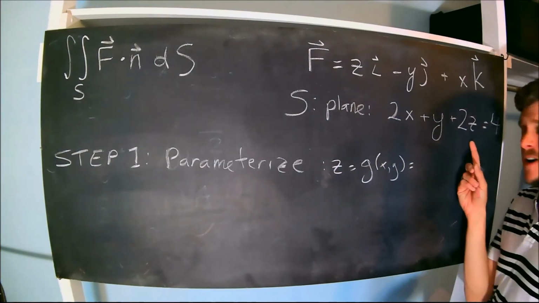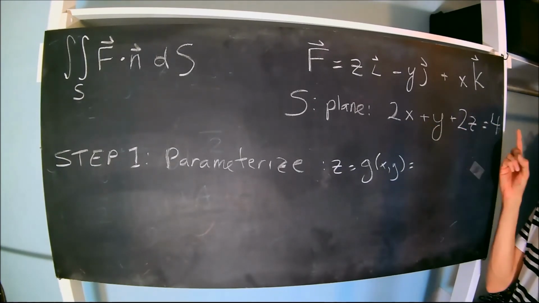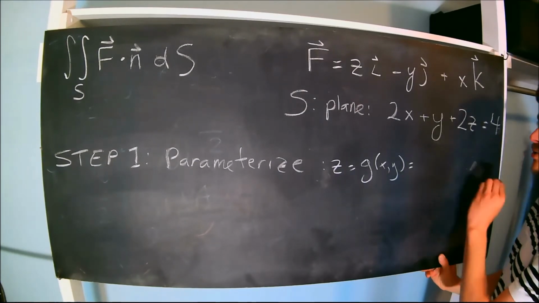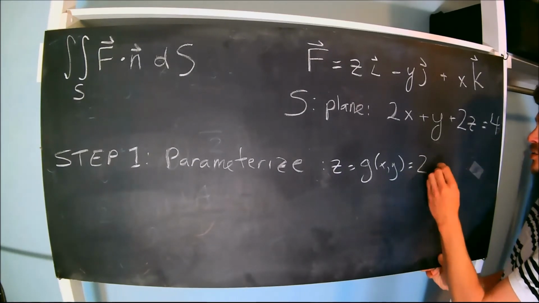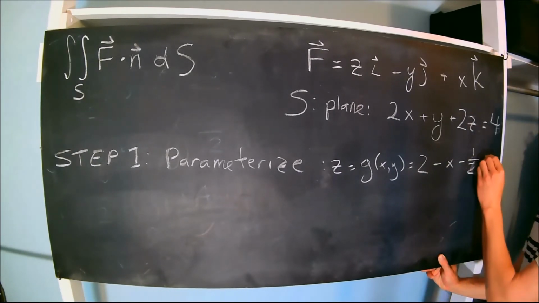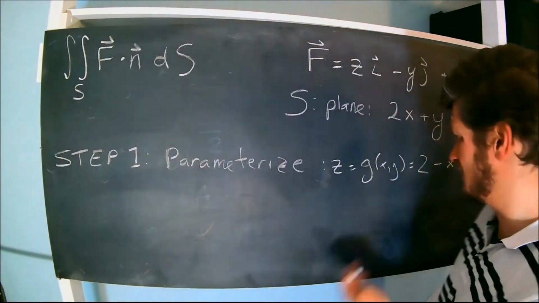And again, it shouldn't be very difficult algebra to get z by itself here. Basically subtract the 2x, subtract the y, and then divide everything by 2. And if I divide everything by 2, it's going to give me 2 minus x minus 1/2 y. And there's my parameterization. I'm good.